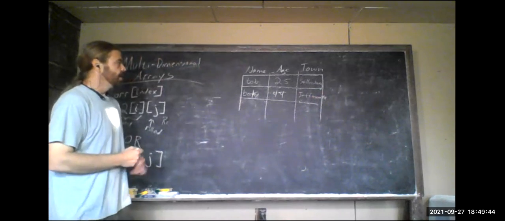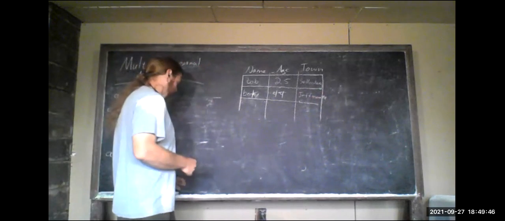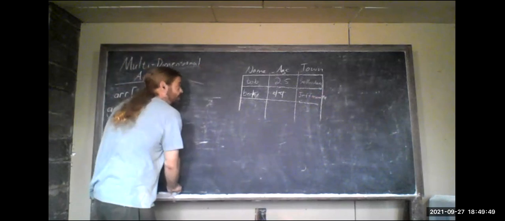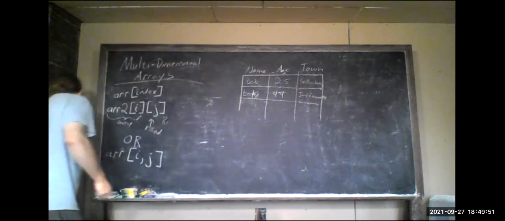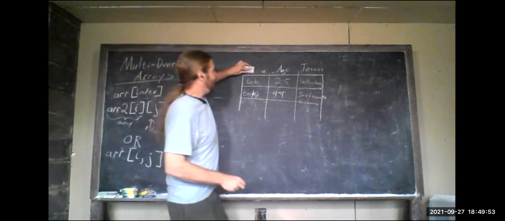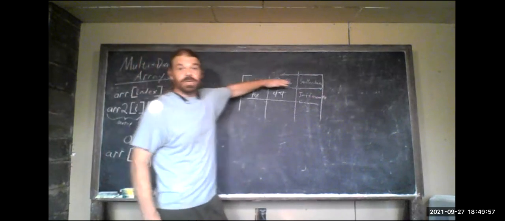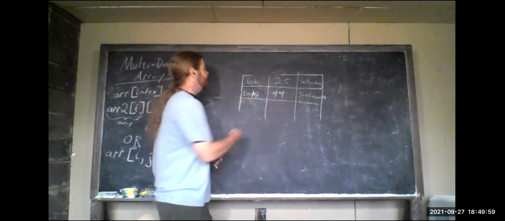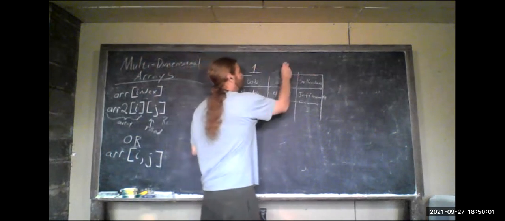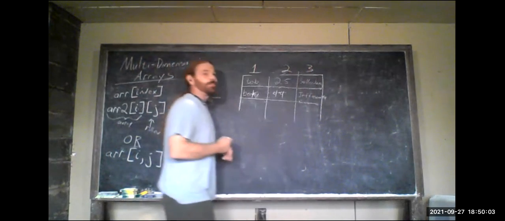And those labels will be important. The box is empty. We'll come back to those, but each horizontal row is an array of data. So those are indexed 1, 2, and 3 for us in Raptor.